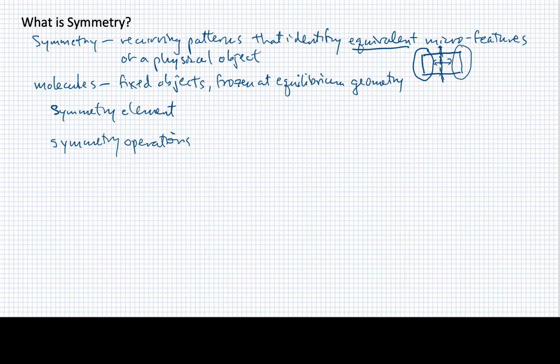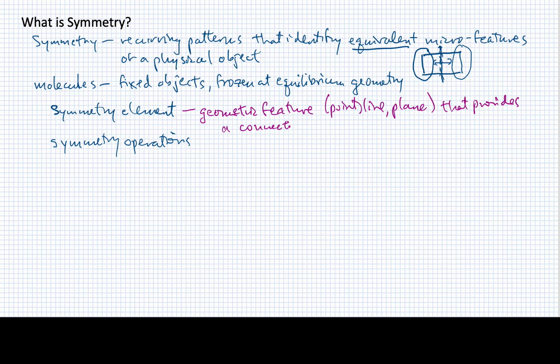Now, it's useful for you to know how these are distinguished from one another. A symmetry element is simply a geometric feature. And this geometric feature could be a point or a line or a plane, something like that, that is embedded in the molecule and provides a connection between what I've called equivalent microfeatures.